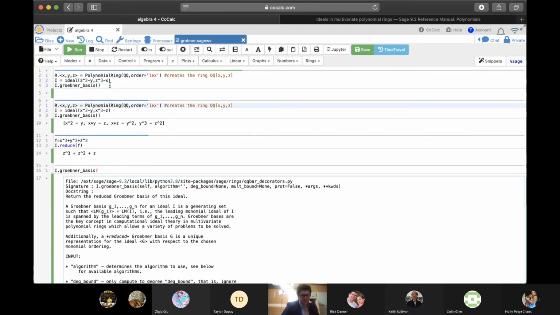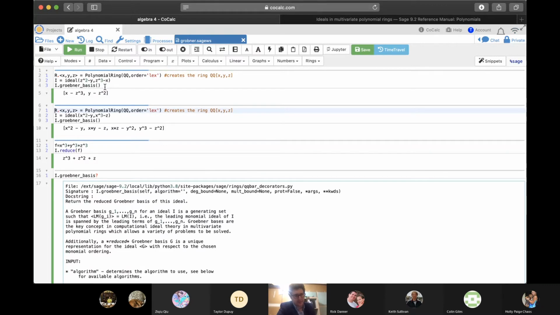It'll end up computing something, and what it'll return is the Grobner basis for this ideal. So there it goes. And so this is the first computation we did with respect to lexicographic order. But you'll notice here that I did something weird, right? Notice that here I actually permuted the x, y, and z.